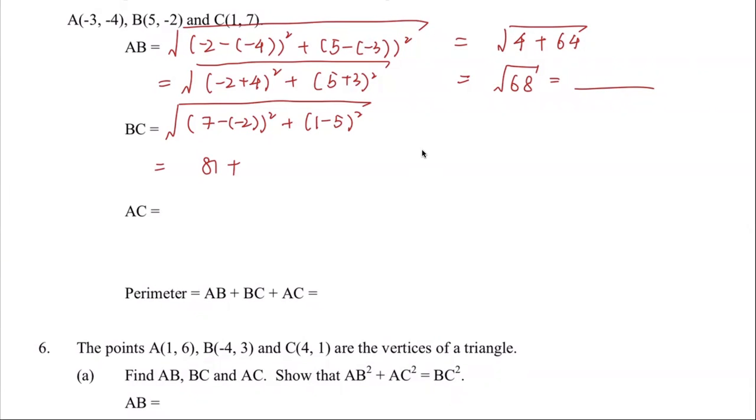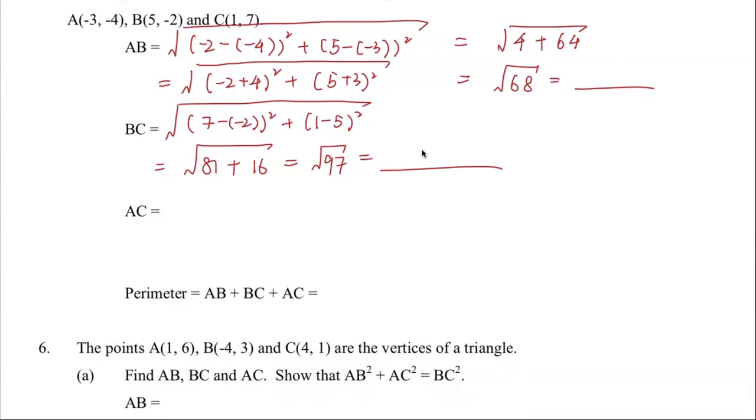Minus 4 squared is 16, right? So the length of BC is equal to 81 plus 16, that's 97, square root of 97. Again, if you have your calculator with you, you can find a decimal, but I don't have a calculator with me right now, so I'm just going to leave it as square root of 97.